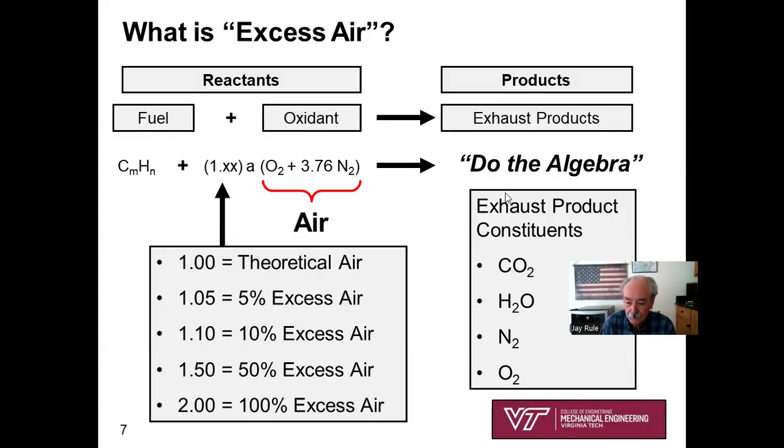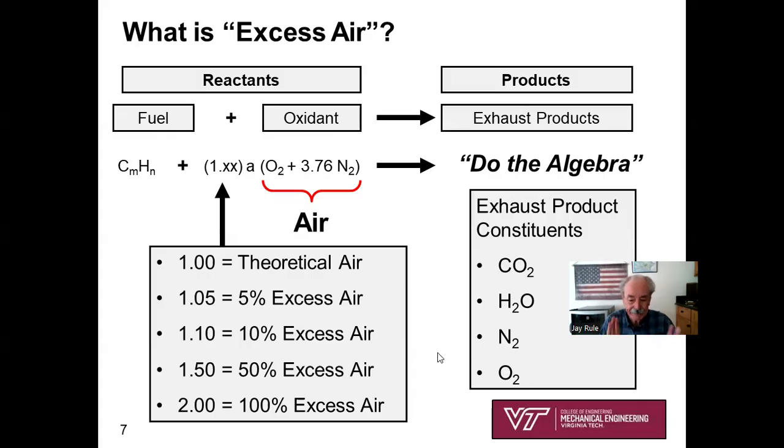You just do the algebra, and your exhaust products are going to be CO2, H2O, and nitrogen, N2, along for the ride. Because of the algebra, you've put in a little excess moles of oxygen, and so in the exhaust products, you're going to have an extra constituent, O2.